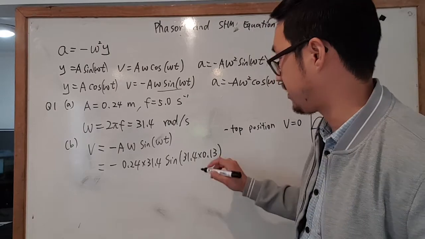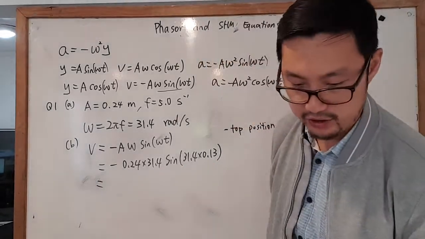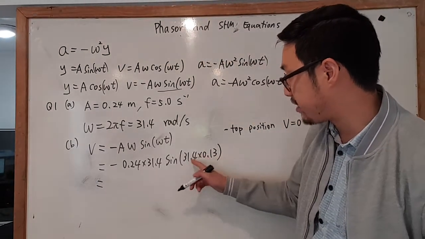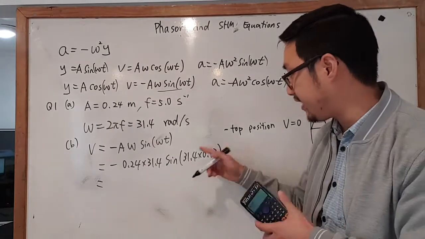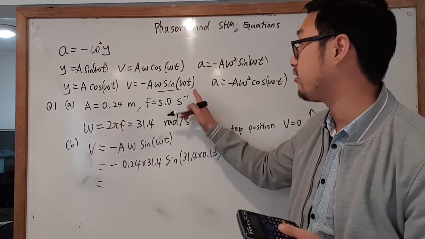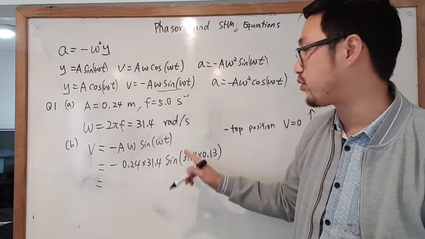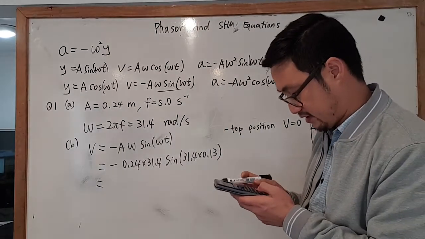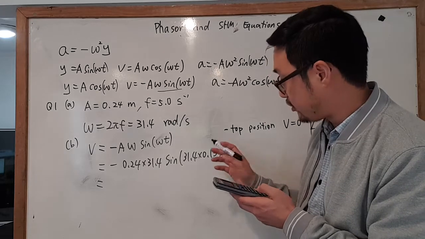0.13 seconds. Then I need to put it in the calculator. You see over here, I always make a bracket, because you are assigning the whole thing over here, so make sure you have a bracket here. In the equation sheet, they don't have a bracket. Let me put this in the calculator, and also make sure you're using radian.